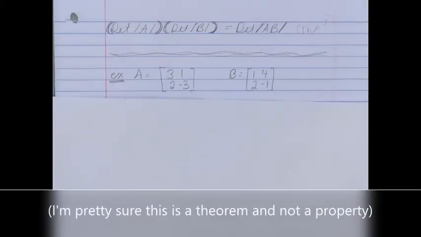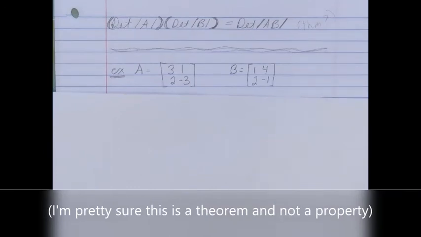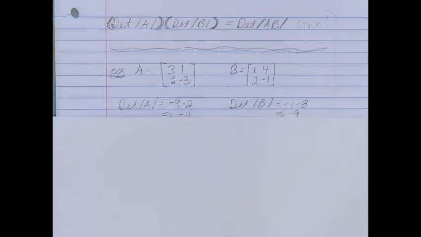Here is another property of determinants. The determinant of matrix A times the determinant of matrix B equals the determinant of the matrix A times B. It may seem a little confusing in the beginning, but here we go. We have matrix A and matrix B. The determinant of A is negative 11 and the determinant of B is negative 9.